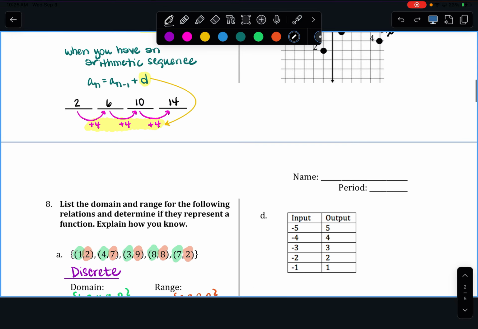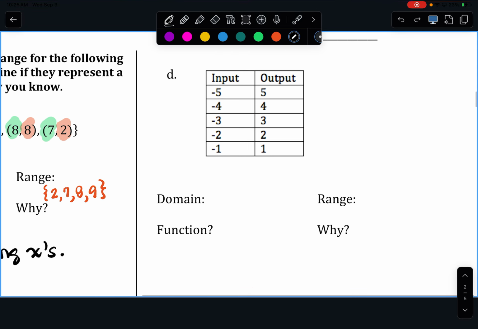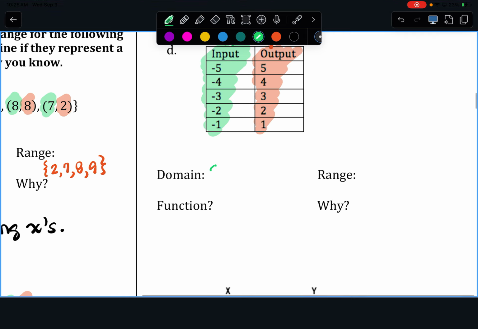All right, back to the top. Oh my goodness, there's a lot of these. Again, input, which is just another fancy name for x's. I meant to write that in green. And then we have our y's, another word for which is outputs. Other than that, basically more of the same. Domain in numerical order: -5, -4, -3, -2, -1. And then our range, be really careful.